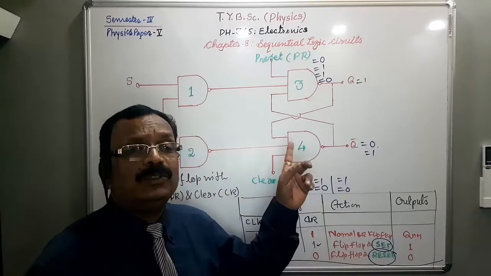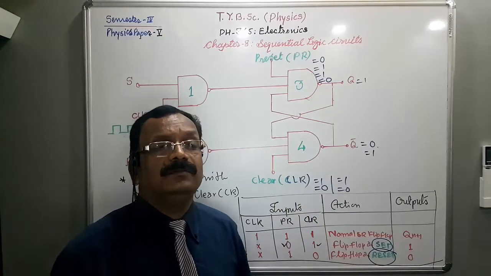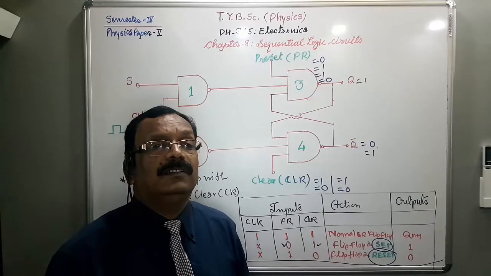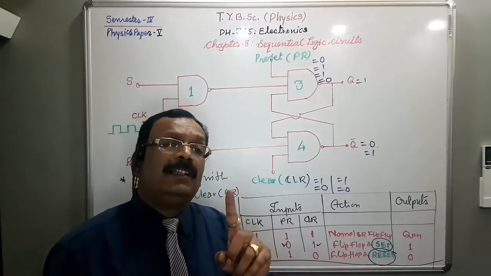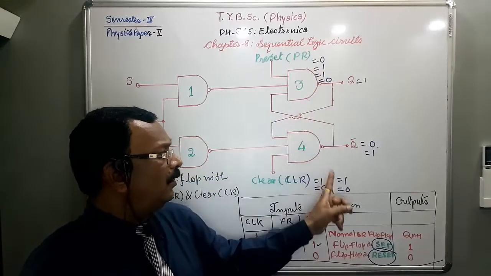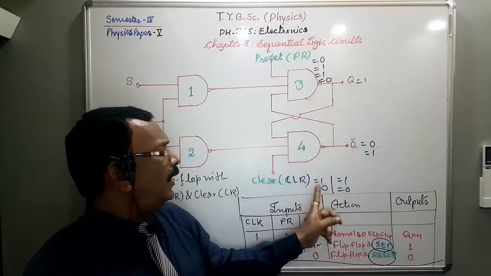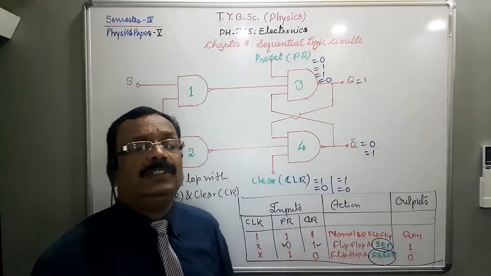So making PR equal to 0 and CLR equal to 0 is avoided. Okay. So remember that either this is equal to 0 and this is equal to 1, or this is equal to 1 and this is equal to 0, is essential.